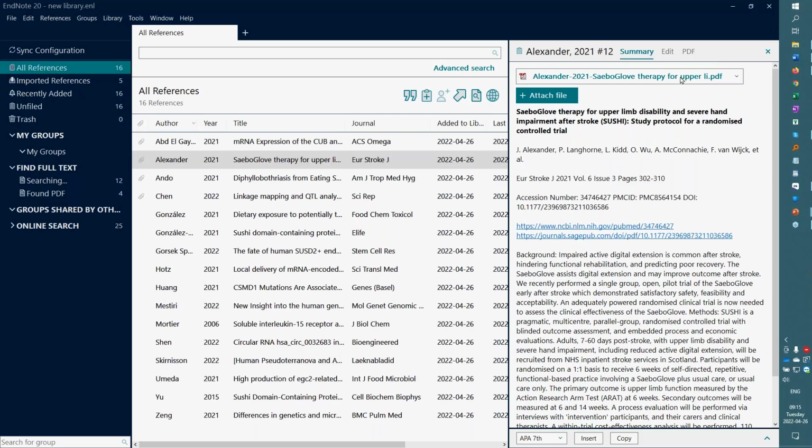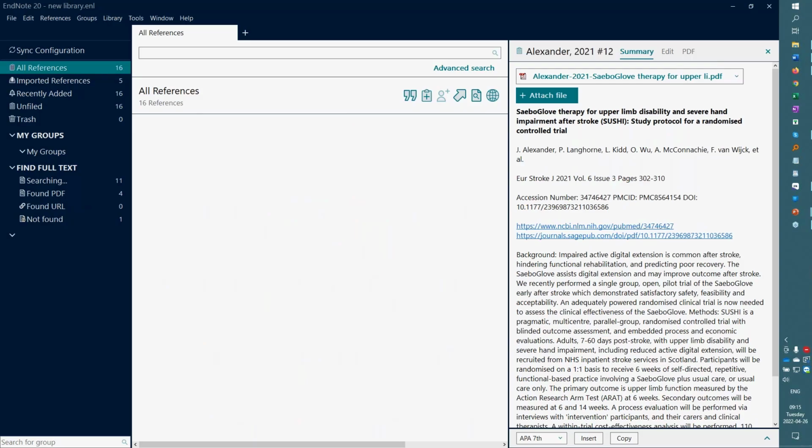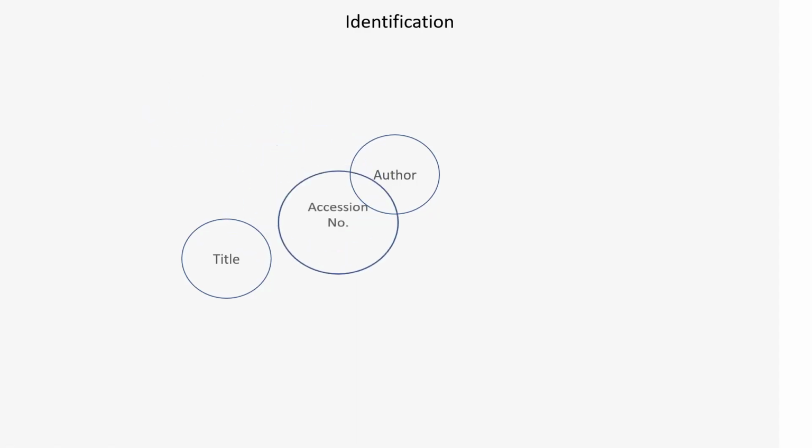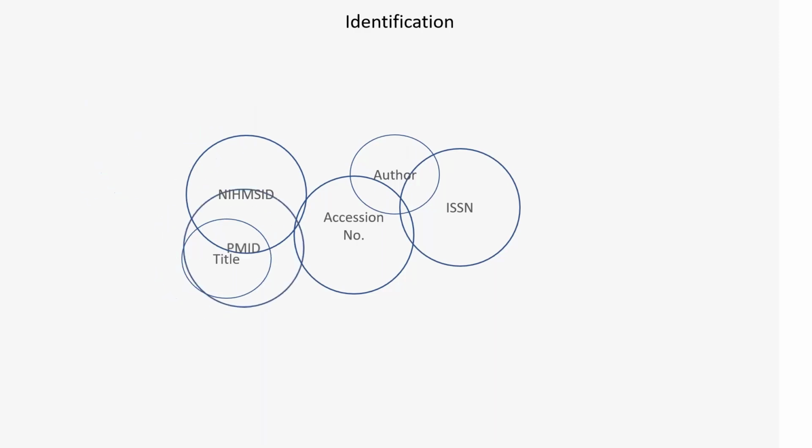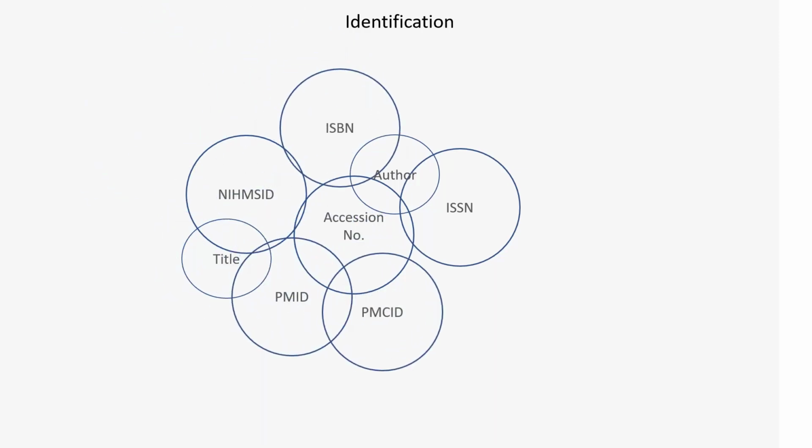So let me show you how this works and why it works. EndNote needs to identify that exact reference, and it can use different parameters to do that. You can use the title and author, for instance, or a number of different ID numbers to identify articles. But the accession number or the PMID number are specific for that specific online database.